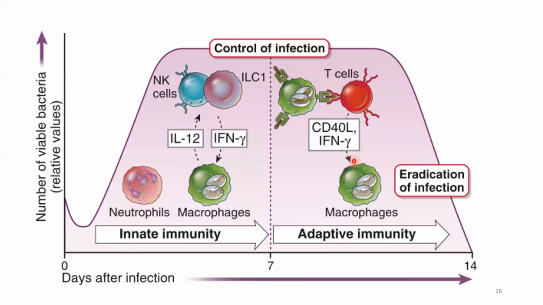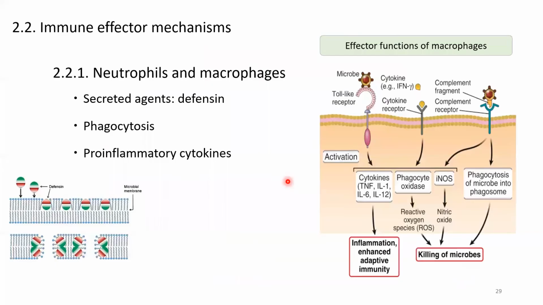Okay? So again, we know that we have innate and adaptive immunity. In order to control bacterial infection, we have neutrophils, macrophages, T cells and B cells.